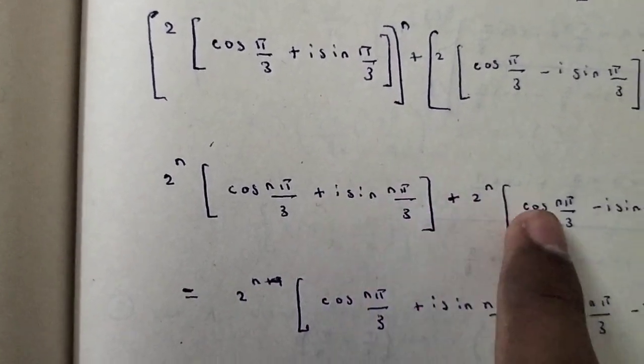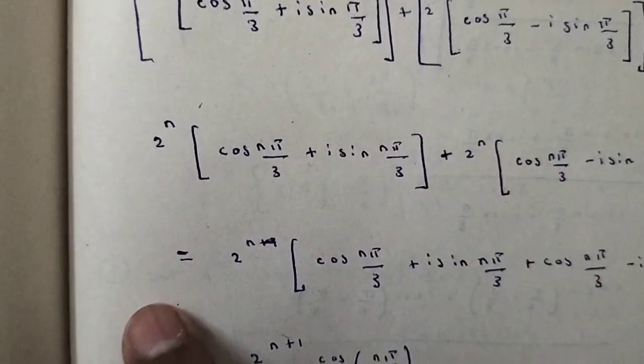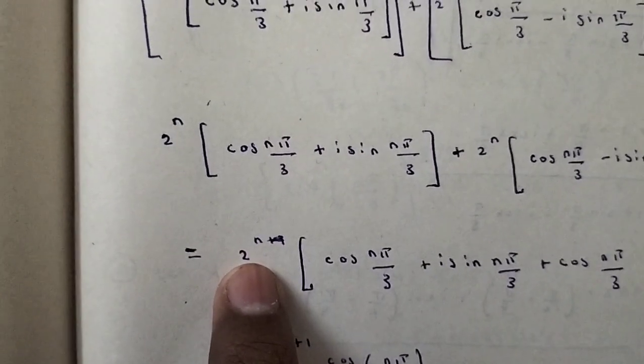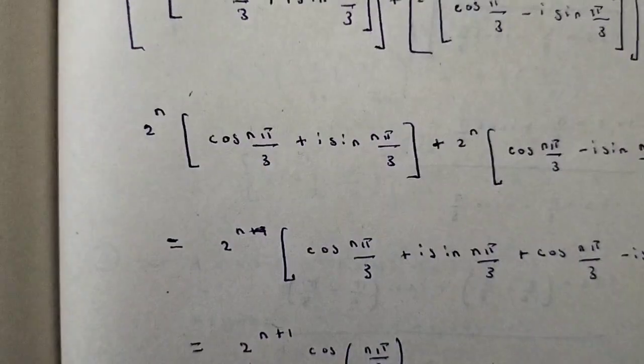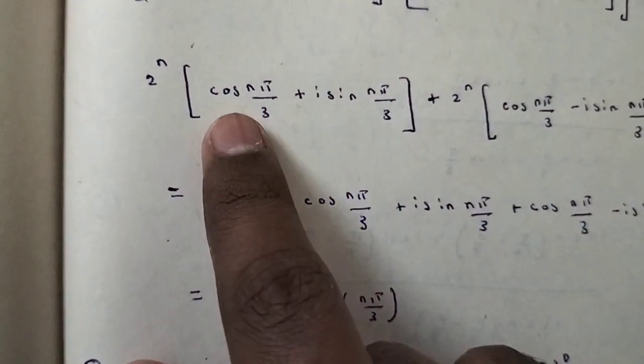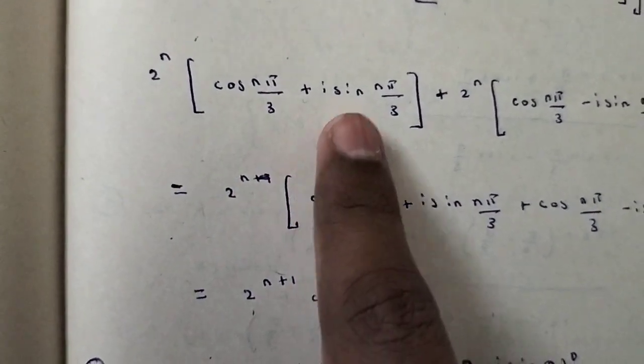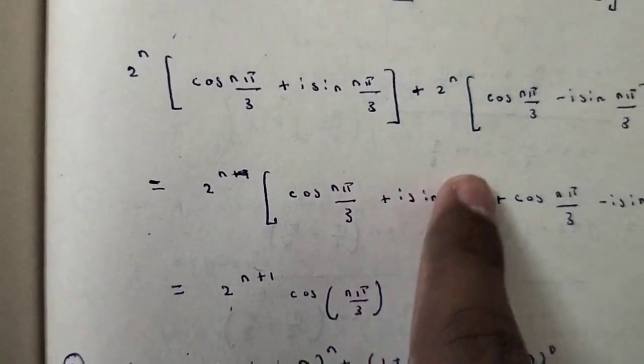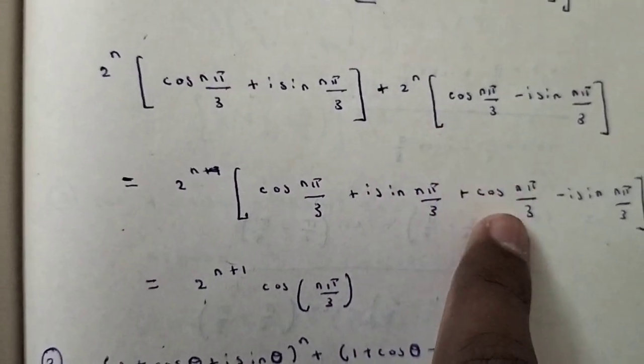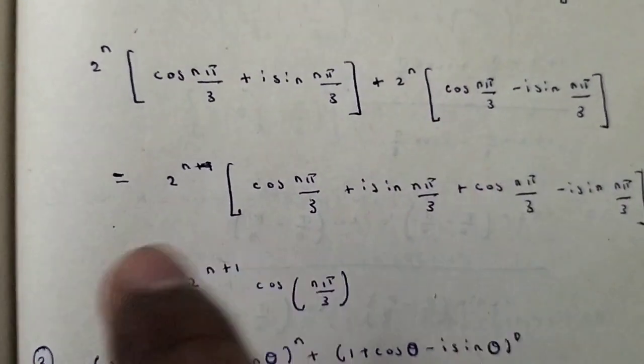So here also the same thing with a minus difference, and I am taking 2 to the power of n common. Then cos n pi by 3 remains the same, i sin n pi by 3, plus cos n pi by 3 minus i sin n pi by 3.